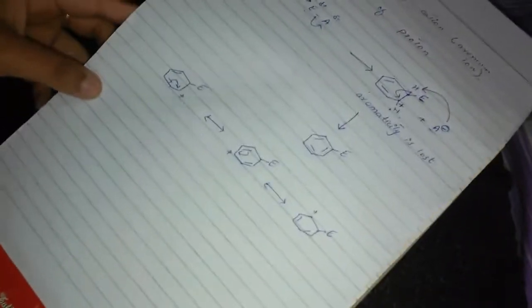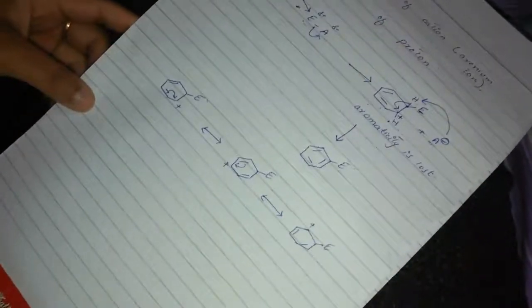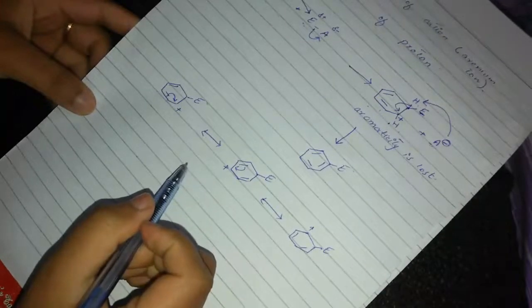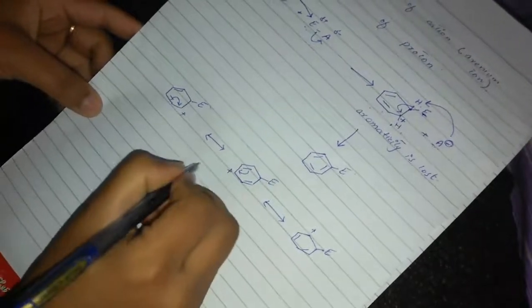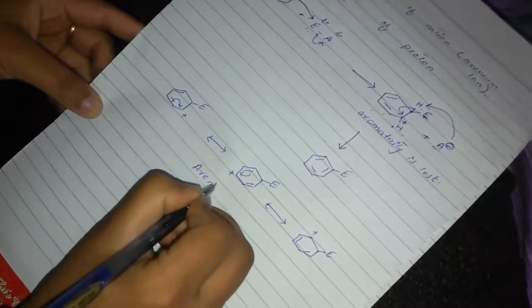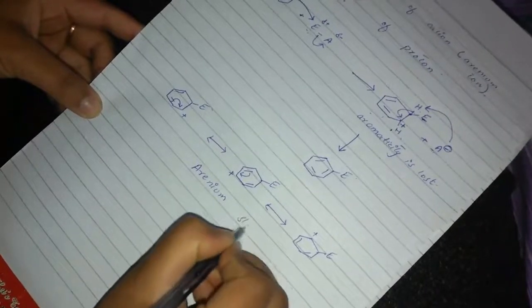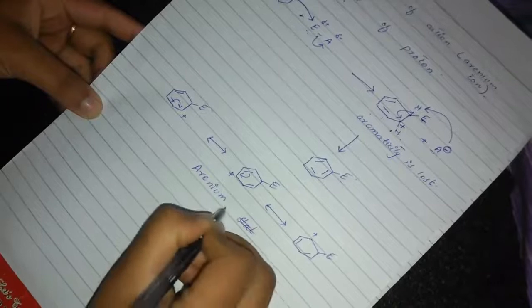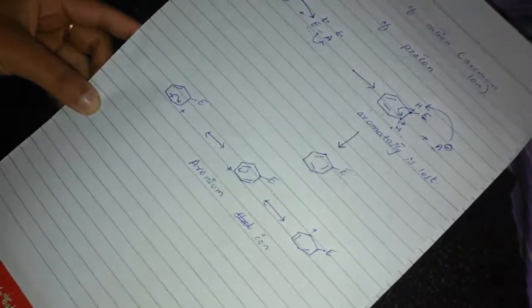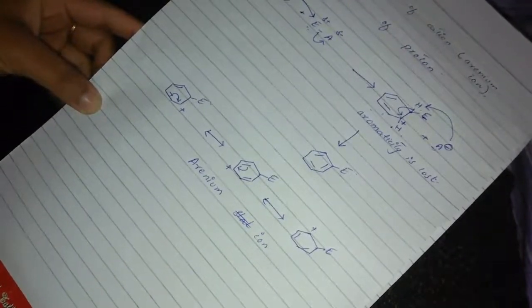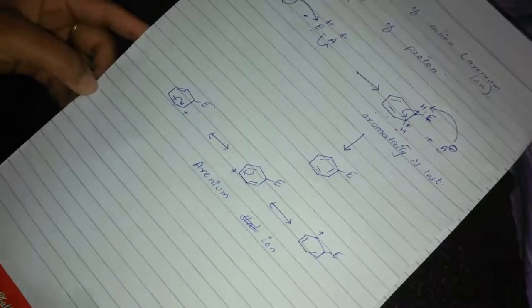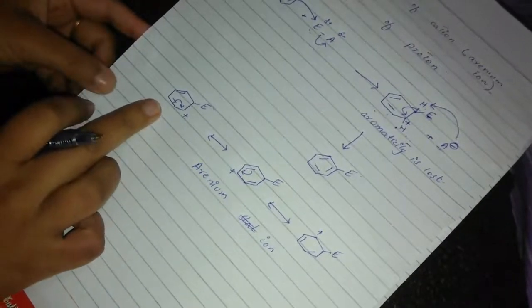Hence it is proved that this arenium ion is not a transition state. It is basically an intermediate. Here the aromaticity is lost.